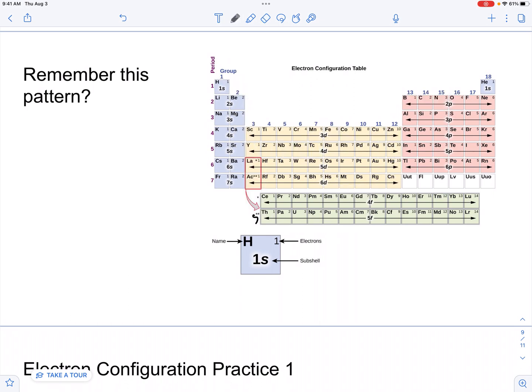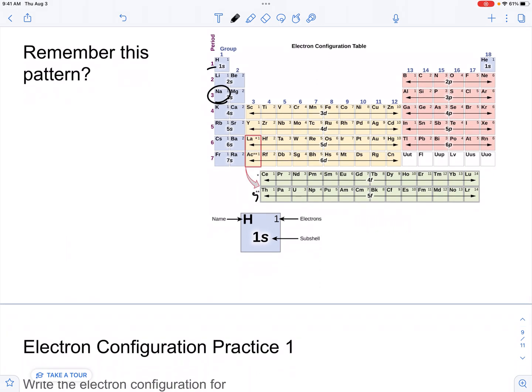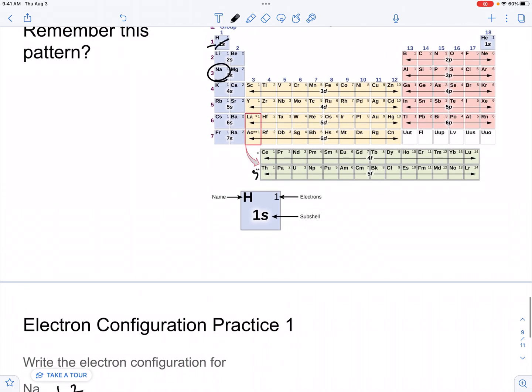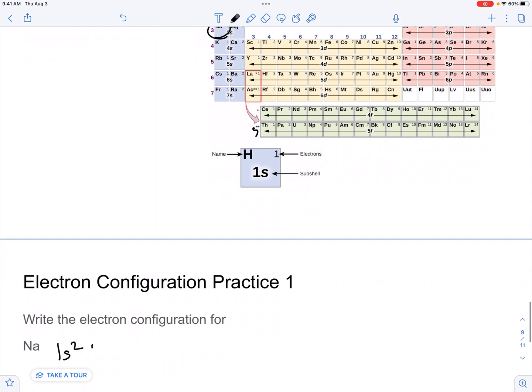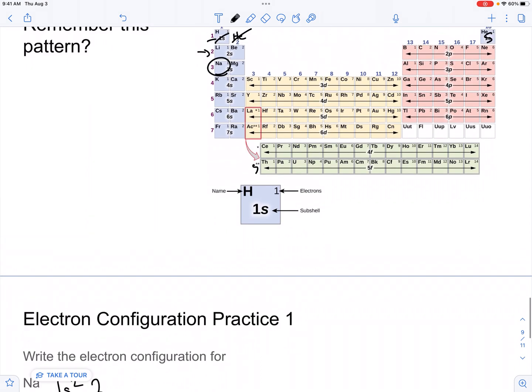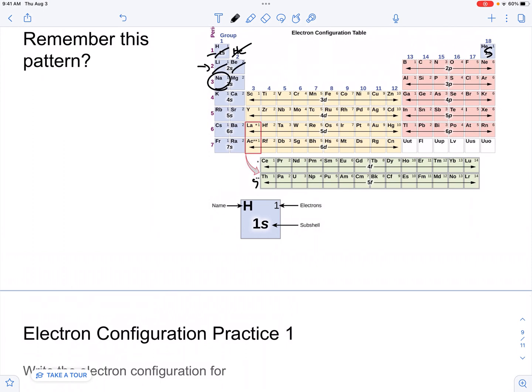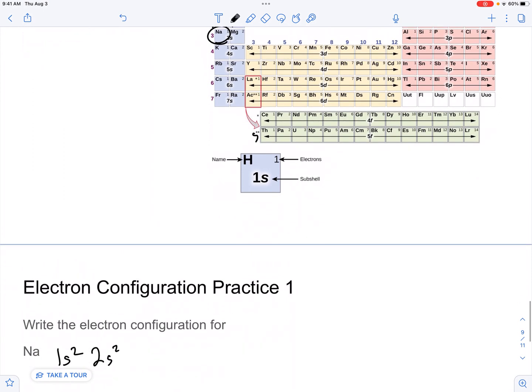Let's just review how this works. Sodium is here, so that's where I'm going to end. I always start at the top left corner with 1s, and I can fit 2 electrons in the 1s. Helium kind of lives over here. Then I go to the next row, the second row in the s block, and again there are 2 electrons, and that fills it up.